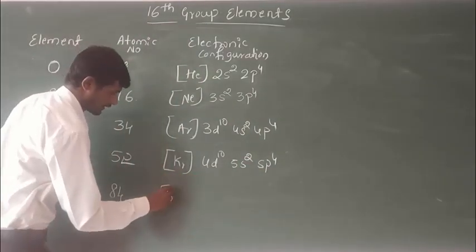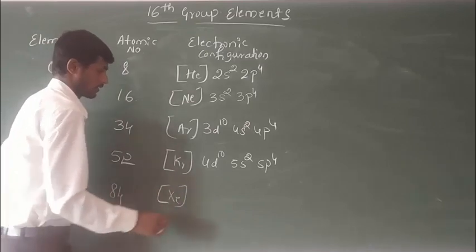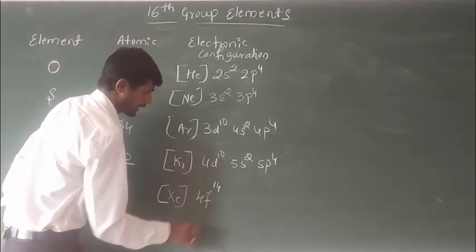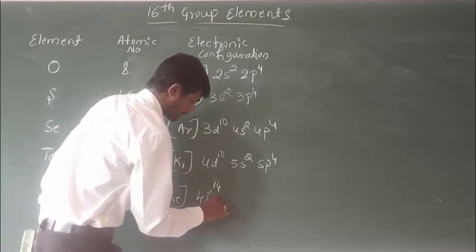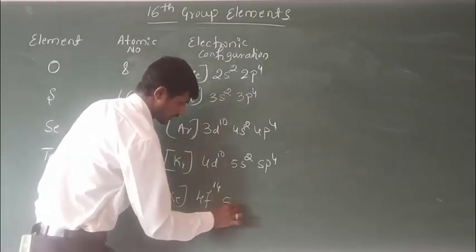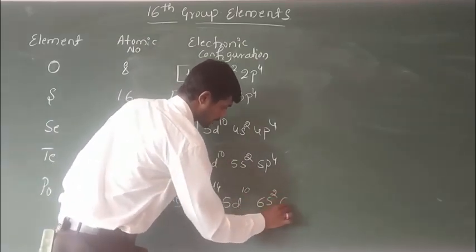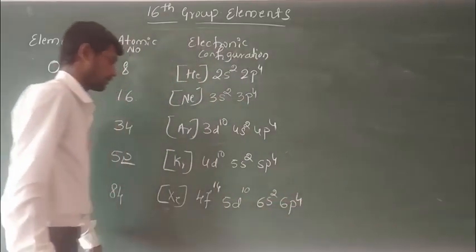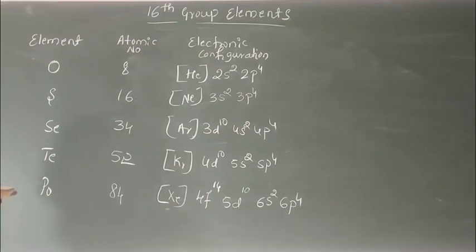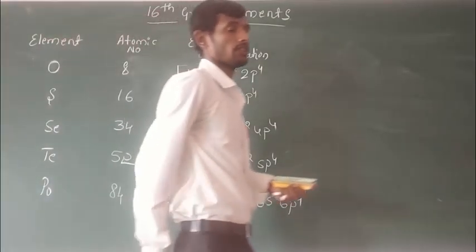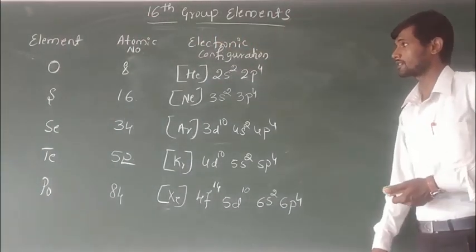Next, xenon 4f14 5d10 6s2 6p4. Yes, these are the electronic configurations of the particular elements.